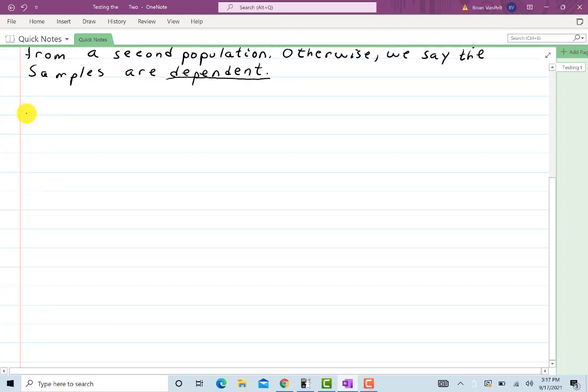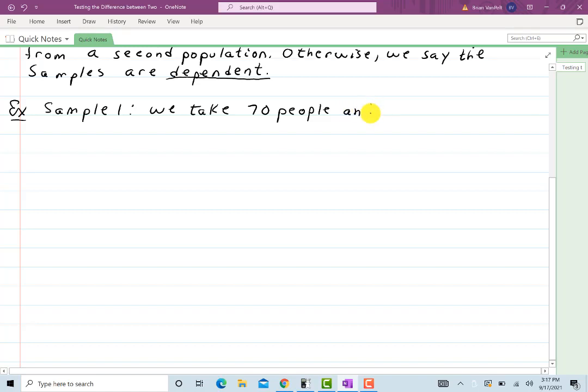As an example to illustrate this, let's say we have the following sample. Let's call this sample 1. What do we have? We take 70 people and measure their blood pressures.